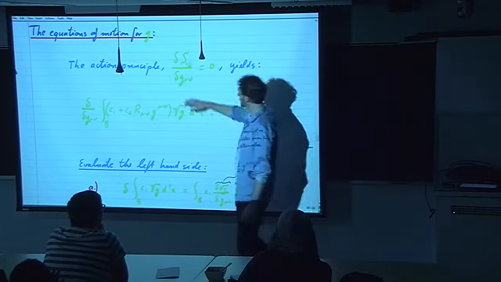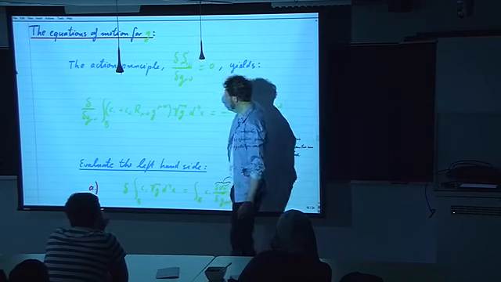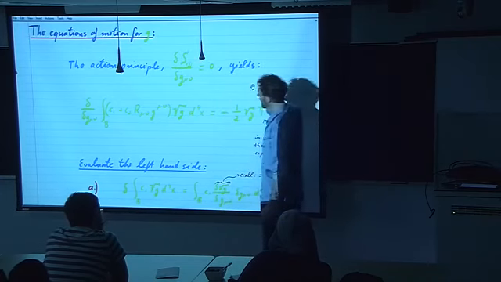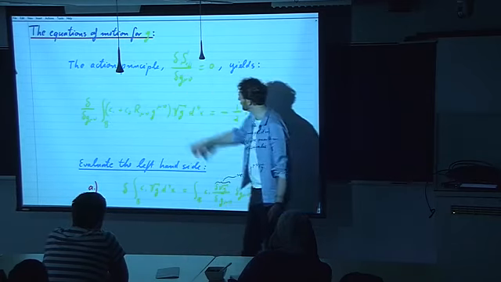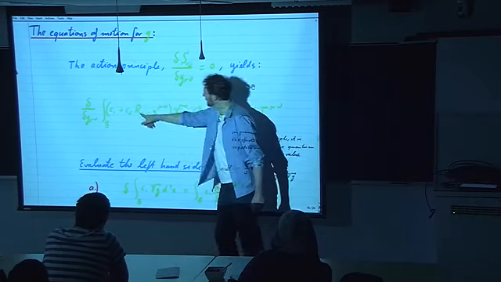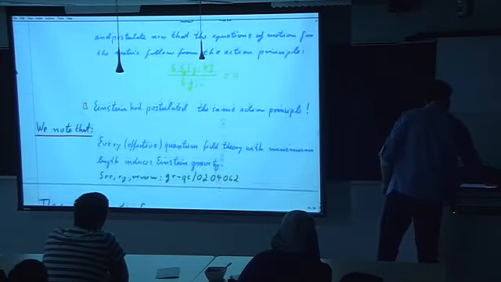The new part of the action is this part, C1 plus C2 R, where R is the Ricci scalar.